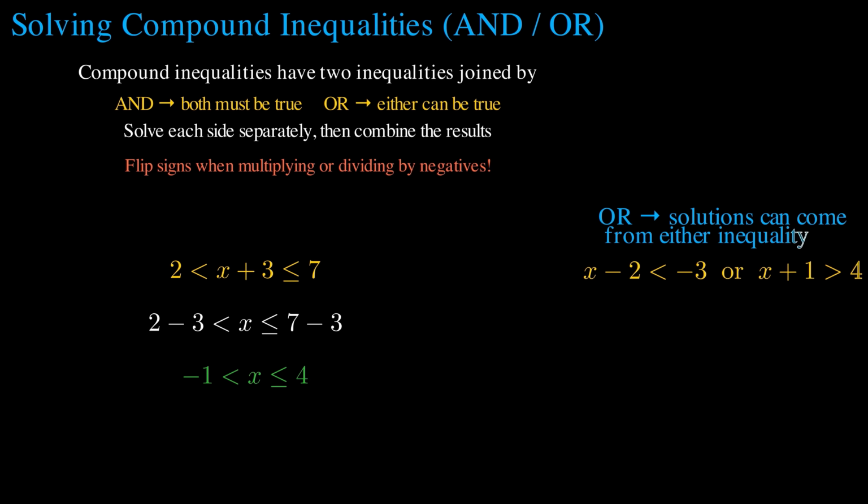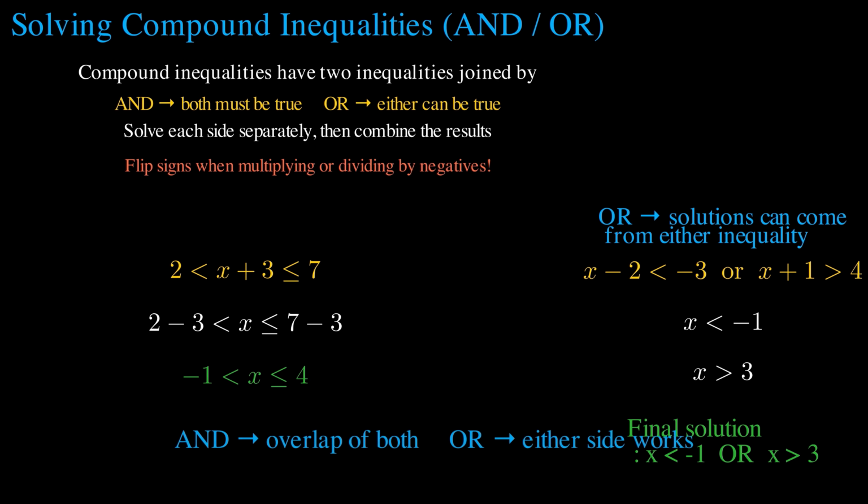The inequalities are separated and they're joined by or. That means x does not have to satisfy both. And means both must be true. Or means either one can be true.